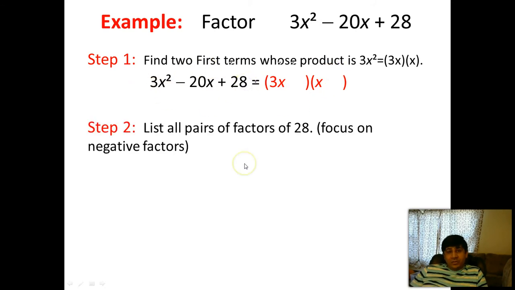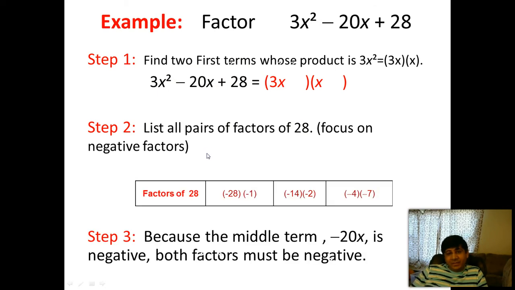So let's start by listing all pairs of factors of 28. Since the product has to be plus and the sum has to be minus, we only need to focus on the negative factors. The possible factors of 28 are minus 28 and minus 1, minus 14 and minus 2, minus 4 and minus 7.